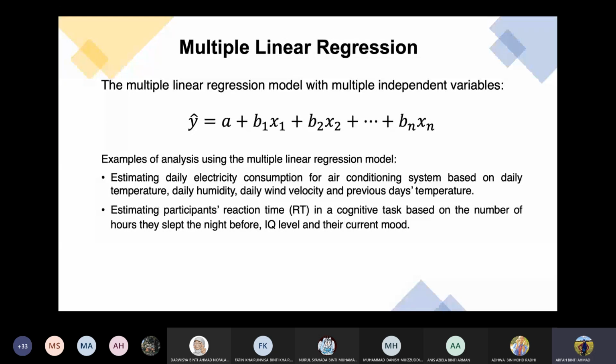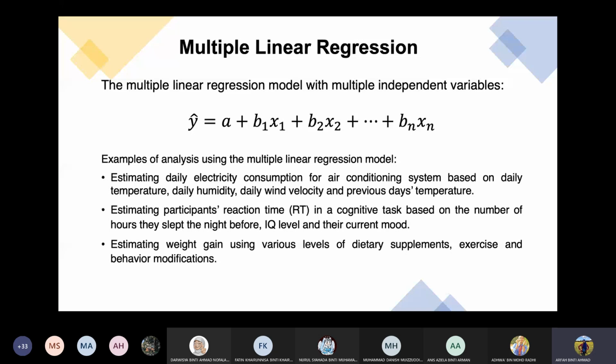Normally kalau psychometric test, dia nak tengok reaction time, berapa cepat seseorang itu bagi reaksi. Reaction time ini bergantung kepada berapa hours dia sleep the night before, IQ level and their current mood. Okay, dia dipengaruhi oleh tiga faktor. X1 is the number of hours slept the night before, X2 IQ level dan X3 adalah current mood.